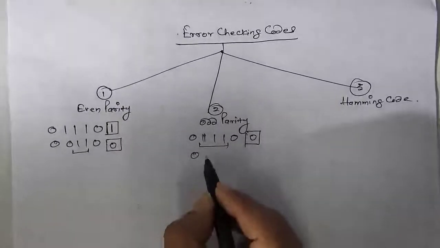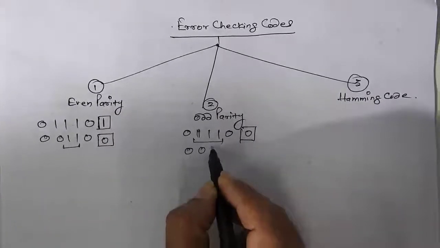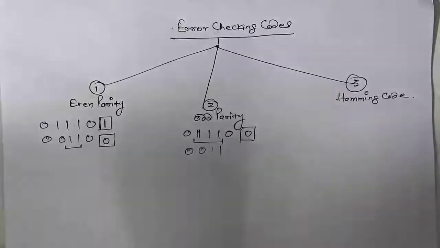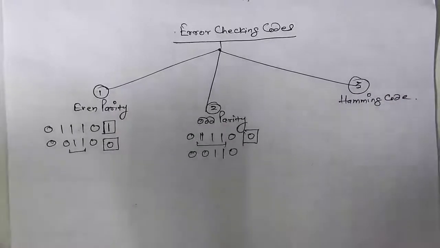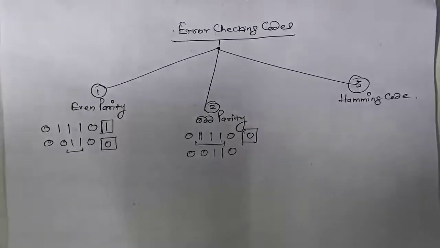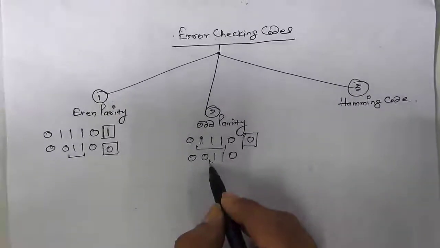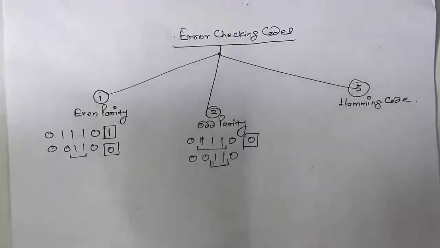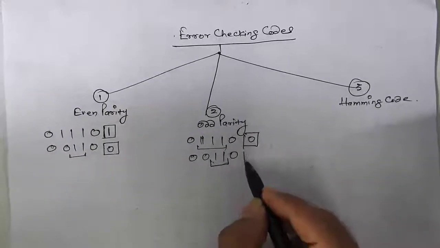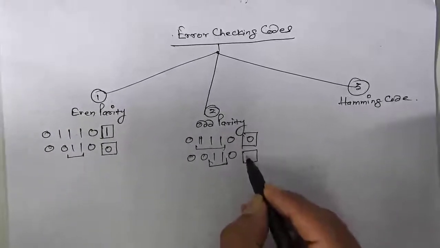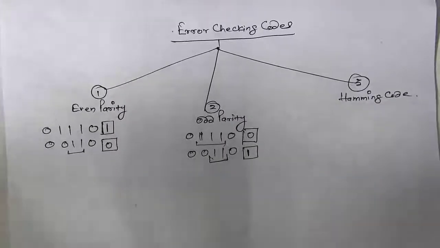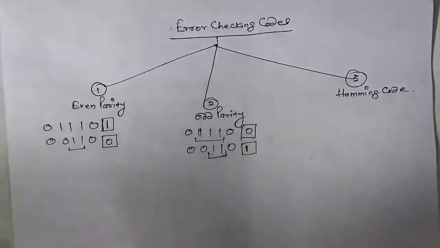If the data we are sending is 0, 0, 1, 0, then the data contains an even number of ones, so to make it odd, we will add a parity bit of 1. So odd parity in that case will be 1.